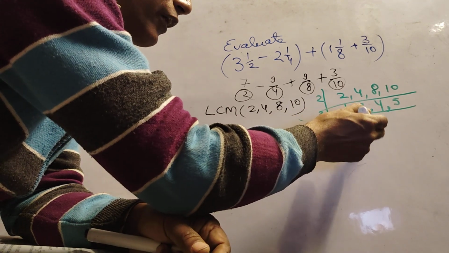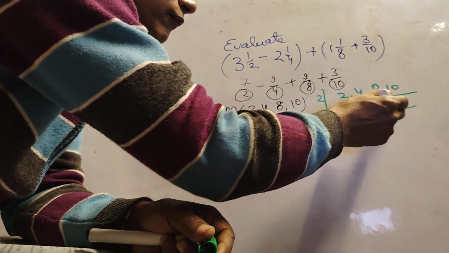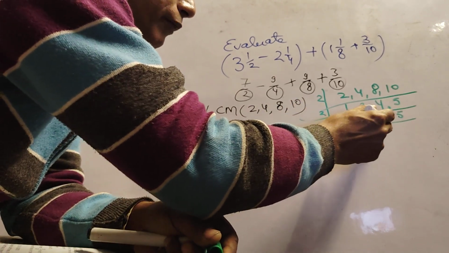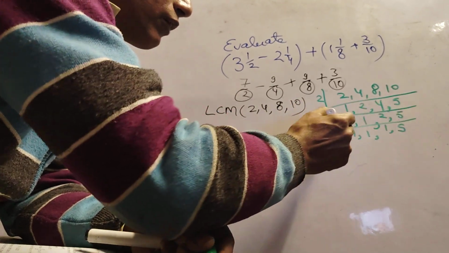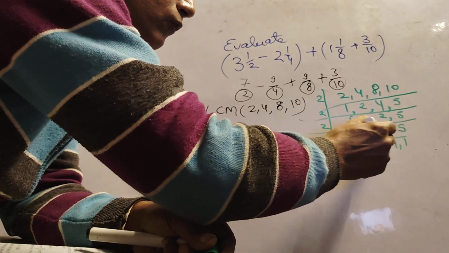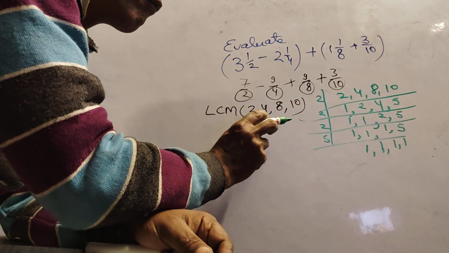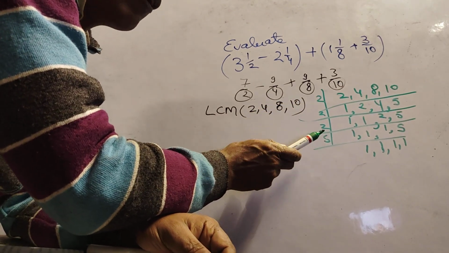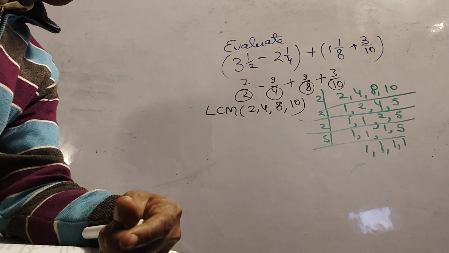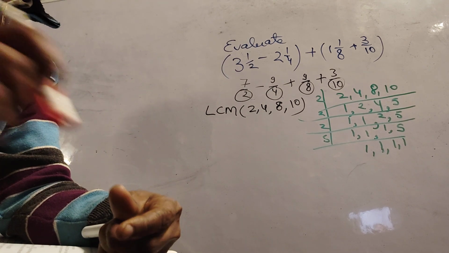80, okay. Maybe it is 80. So the last one is 5. So multiply. Look, in the 10's timetable there isn't any number other than those ending with 0.